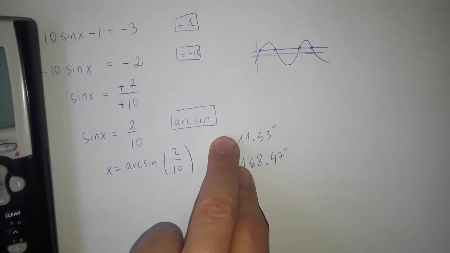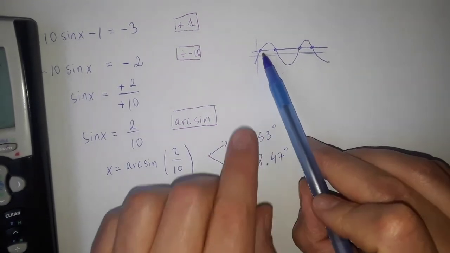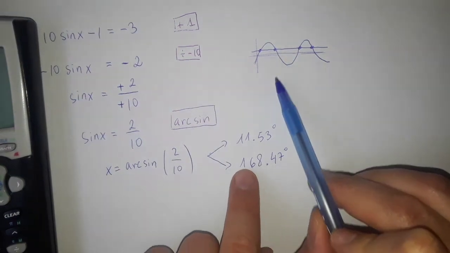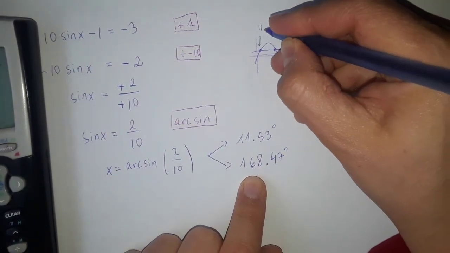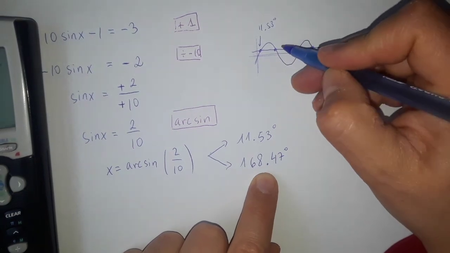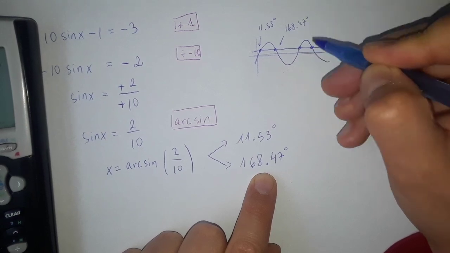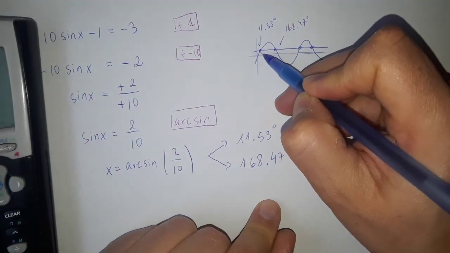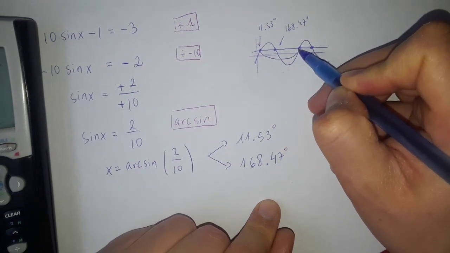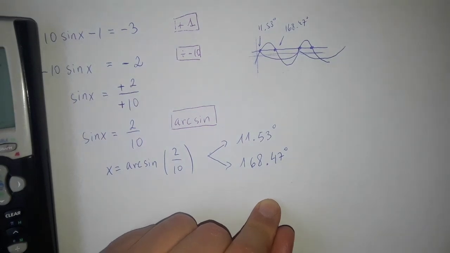But again, are these the only solutions? No, because every time we add 360 to any of these, this would be 11.53, this would be 168.47, we're going to get to the same solution.